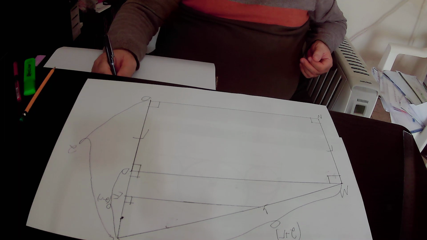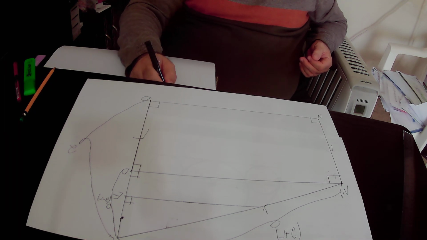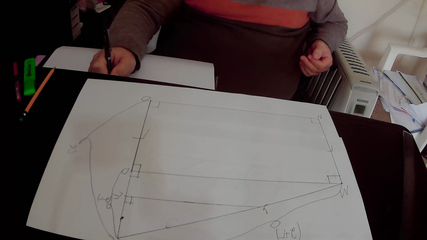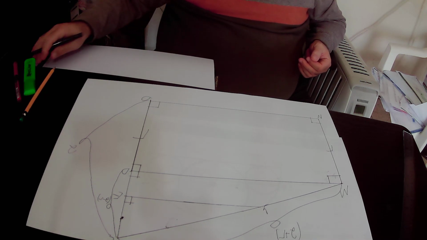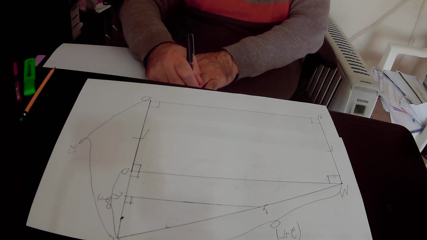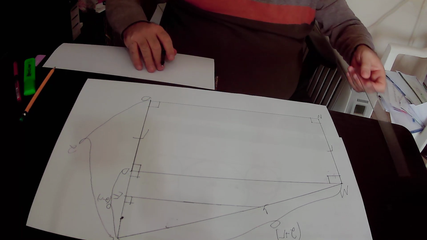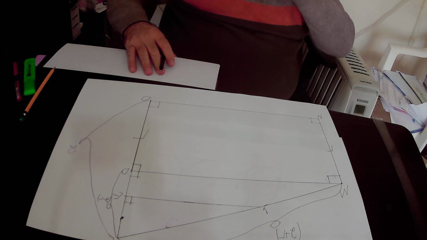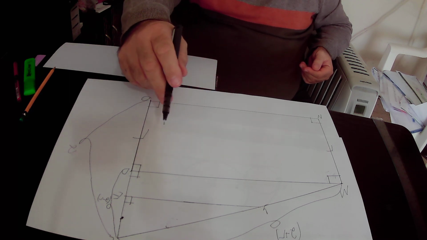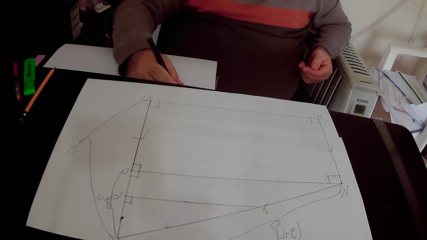On the right triangle CMD, according to the Pythagoras theorem, the square of the hypotenuse equals the sum of the squares of the perpendiculars.